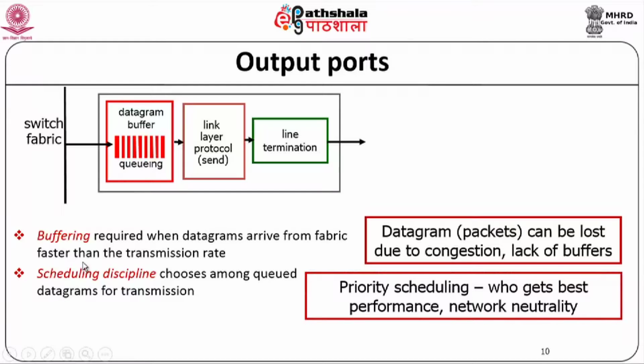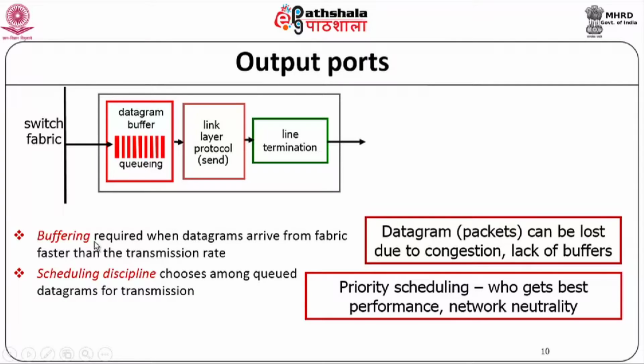And since we have a scheduling discipline here, we can have priority scheduling, or we can have differential services that are provided. So, who gets the best performance? And what about network neutrality? These are the kinds of issues that can be handled at this scheduling discipline. So, these are 2 important things that people normally play around with in order to take care of congestion and also take care of differential treatment being given to different packets.